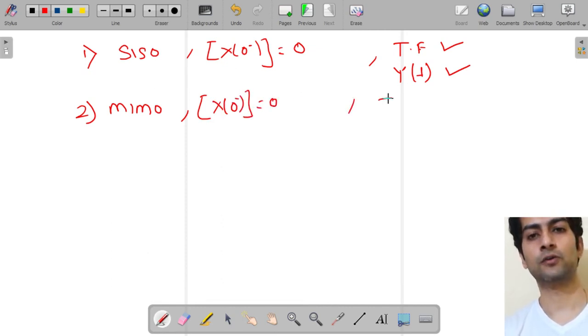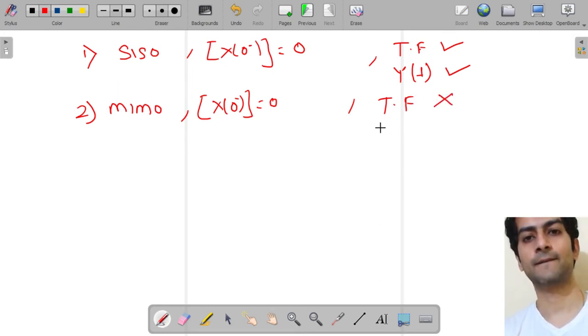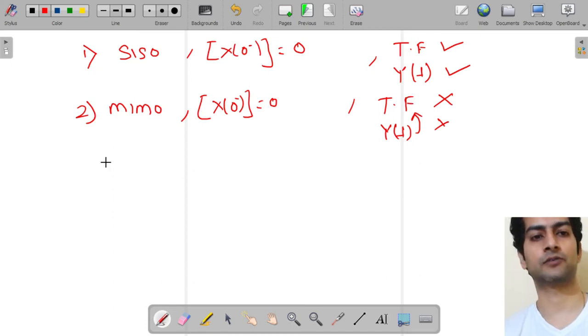Here I told you that the transfer function is not defined, and if the transfer function is not defined, there is no chance of getting y(t) from the transfer function. We have seen how we can get y(t) for multi input multi output, but we cannot get y(t) from a transfer function.